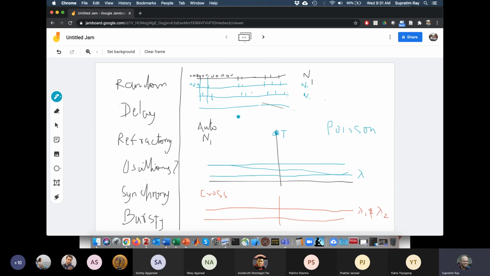When it's cross, there is no alignment between N1 and N2 to begin with, because they are both firing randomly. So the cross correlation function will remain flat and will only depend on the total number of spikes in the N1 train and N2 train, but not their position relative to each other.